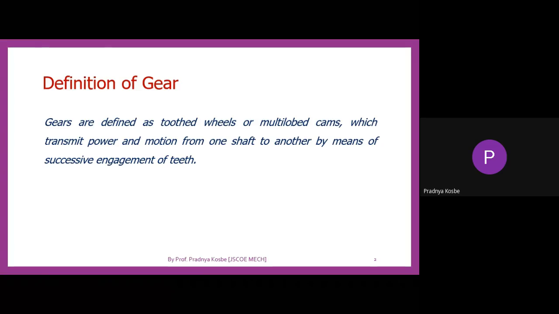The driving gear will mesh with the driven gear, from the driven gear to the keys, and keys to the driven shaft, and driven shaft to the required application. So this is the transmission of power from driving gear to driven gear to the required application.